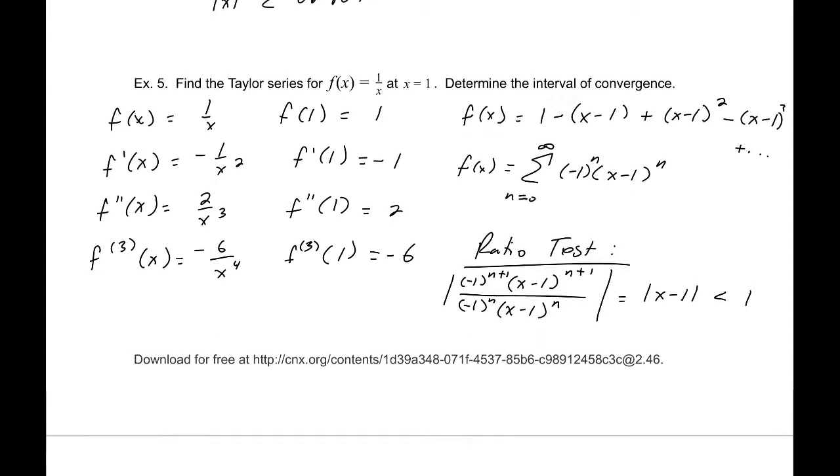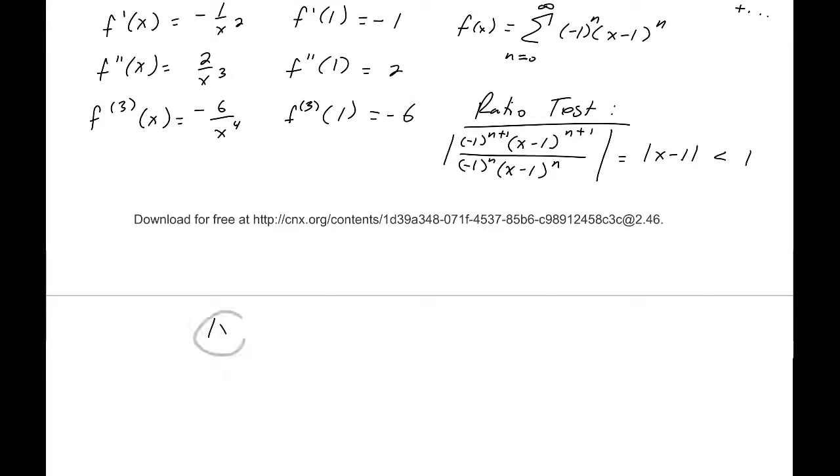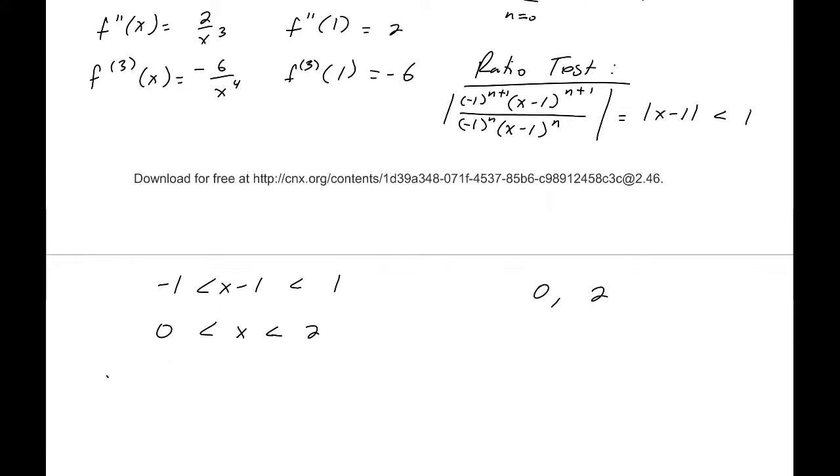So let's take that interval, put that right here. That would be x minus 1 is between 1 and negative 1, which means x is between 2 and 0. So our open interval of convergence is 0 to 2. Now let's check out what happens at x equals 0. At x equals 0, for this, we get the sum n equals 0 to infinity of 1 to the n, which quite obviously diverges.